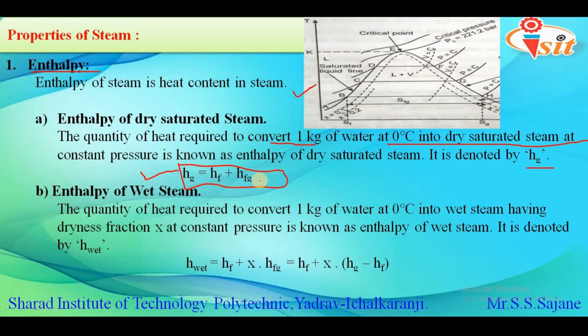Just like in this figure, you can see there was entropy on the x-axis when we were studying the TS diagram. You can see how we represent the value of Sf: we have represented the value of Sf by extending the line from the saturated liquid line, and Sfg is represented in the wet region, where L plus V is denoted, and Sg is calculated from the saturated vapor line.